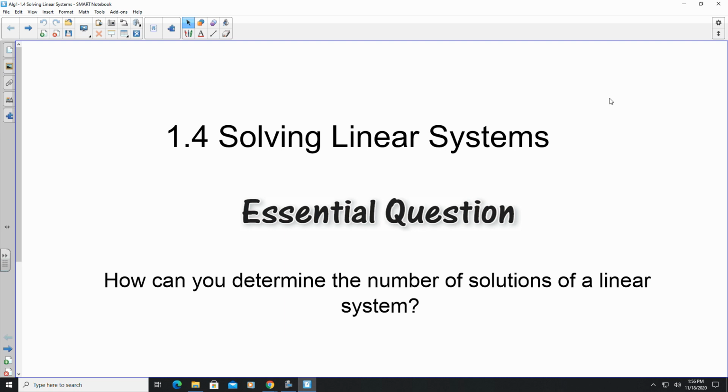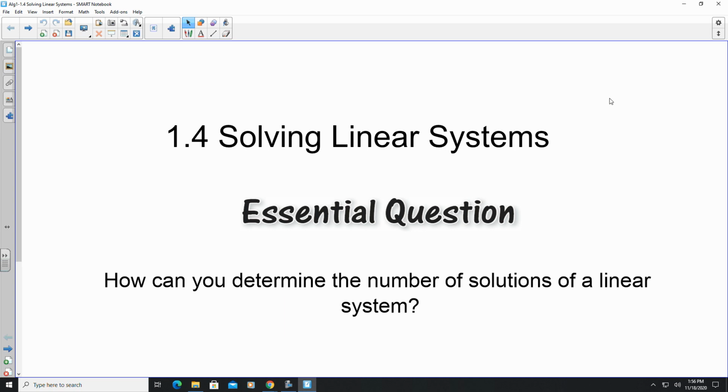Welcome to the video. In this lesson, we're going to be looking at section 1.4, where we're going to be solving linear systems. More specifically, we're going to be solving linear systems with three unknowns.